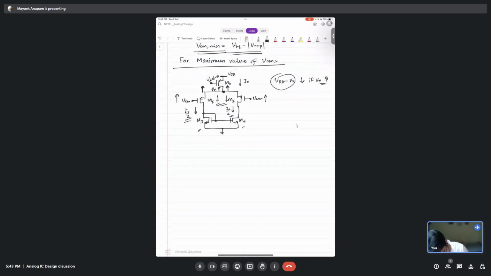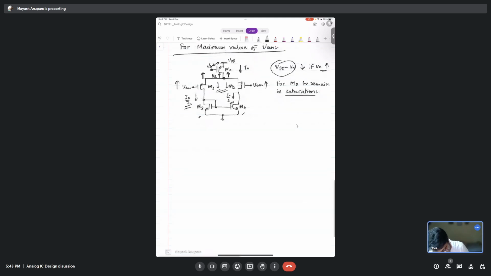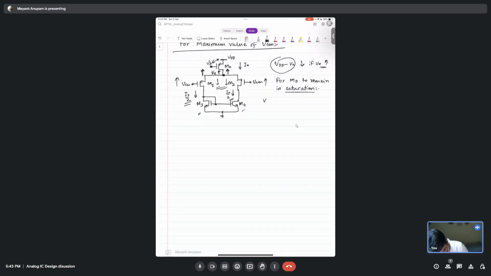So what is the constraint for M0 to remain away from linear region? For M0 to remain in saturation, VSD, or VS minus VD, should be greater than VS minus VG minus mod of VTHP, right?